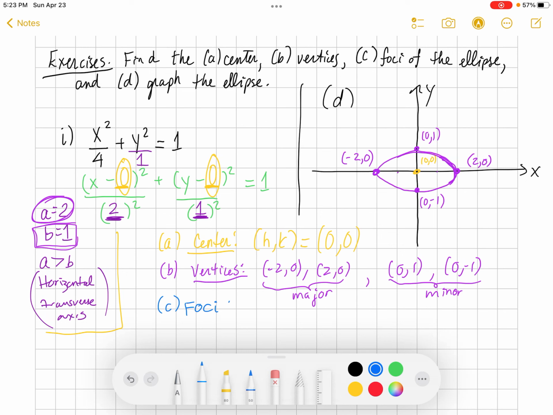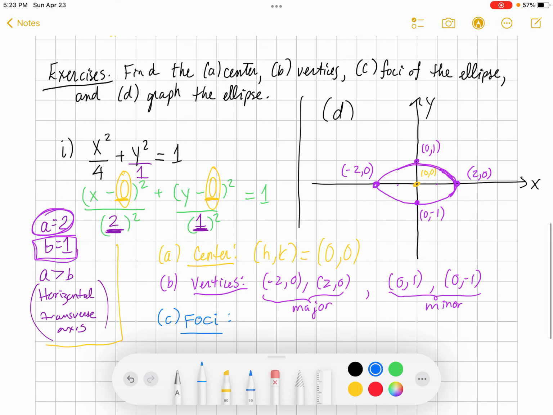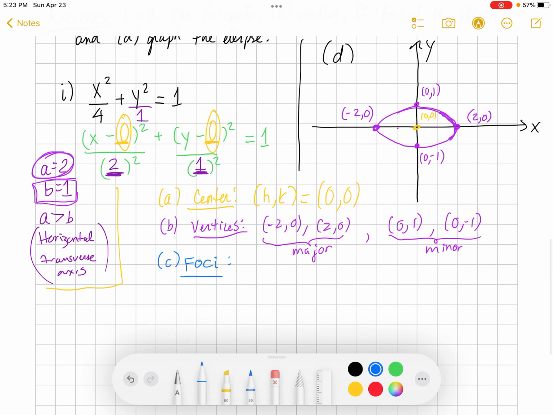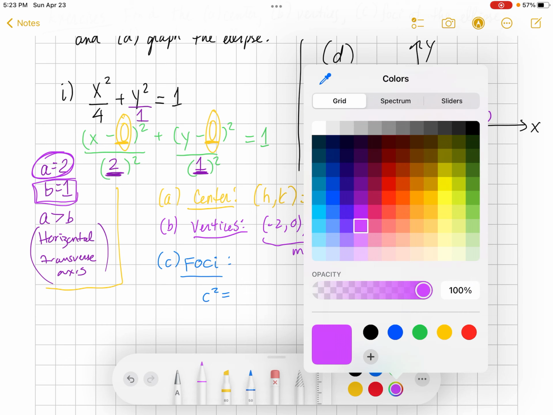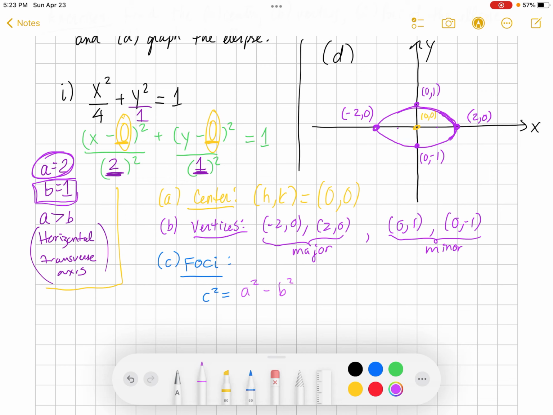Okay. Part C. For C, we got to find foci. Now to find foci, you got to find this value called c. So remember, c squared is a squared minus b squared.